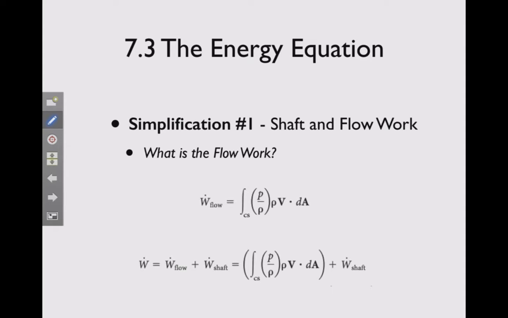So we can see here that we've got pressure. It gets written in this manner, and the entire rate of work is then the flow work plus the shaft work. Remember that this is turbines minus pumps, and these will come back in the end when we write the equation finally.